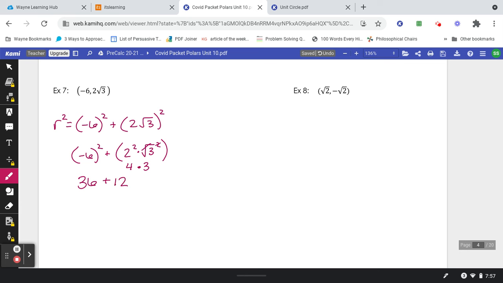So 12. 36 plus 12 gets me 48. And remember, we do have to square root that one at the end.